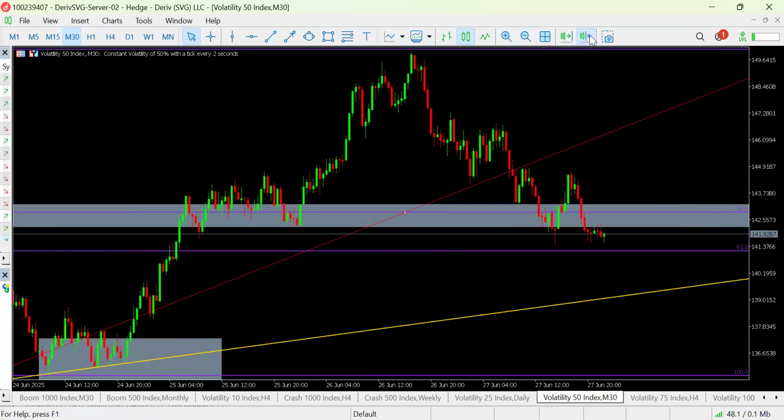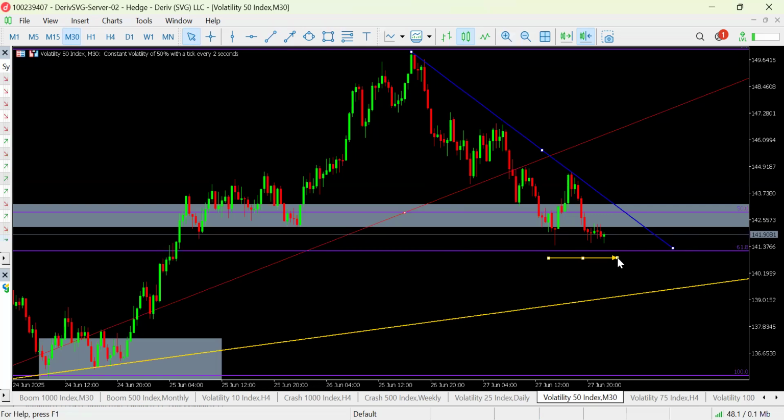If I go to the M30 time frame, the first thing I'll do will be to impute a counter trend line. Once I impute a counter trend line, on the break of this trend line and the retest, I'll stack my buy trades, and then my stop loss would be underneath this place.